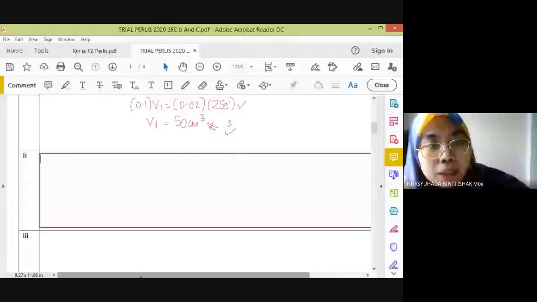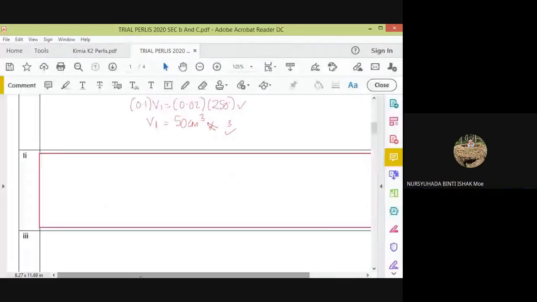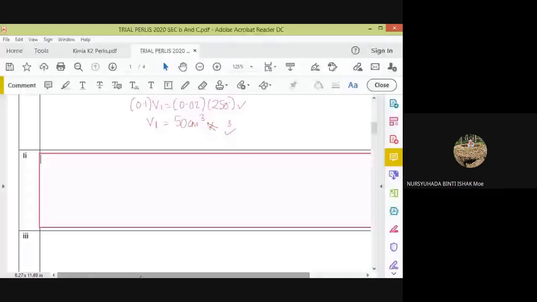Puan Juliani tanda paper 2, so dia lebih tahu. Maksudnya paper 2 ni ada kelonggaran. You boleh tulis exact amount or you boleh tulis less than bla bla bla, more than bla bla bla. Kalau paper 3, wajib tulis jawapan yang tepat.